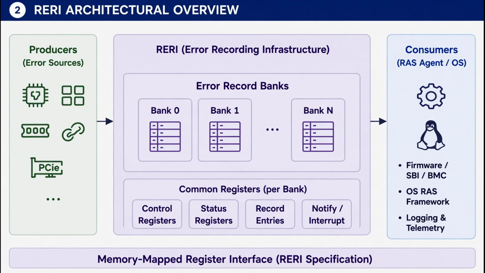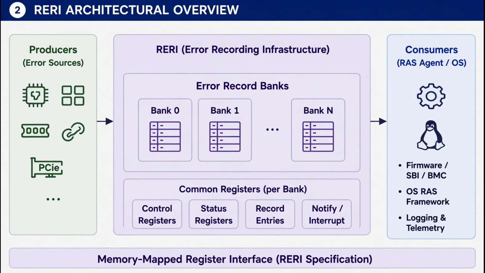Each bank exposes a small set of common registers: control, status, and the record entries themselves, and a notify or interrupt mechanism. Consumers on the right, firmware, SBI, the OS RAS framework, logging and telemetry stacks, read those registers.